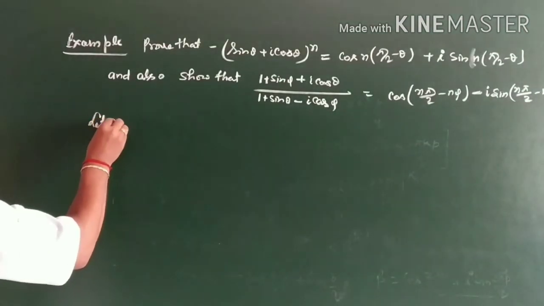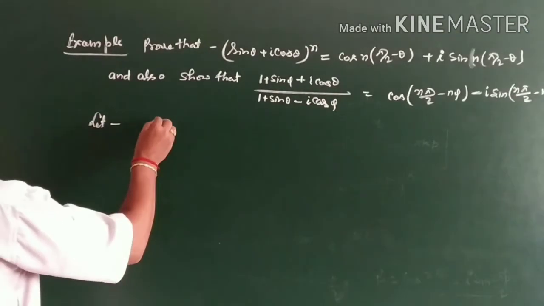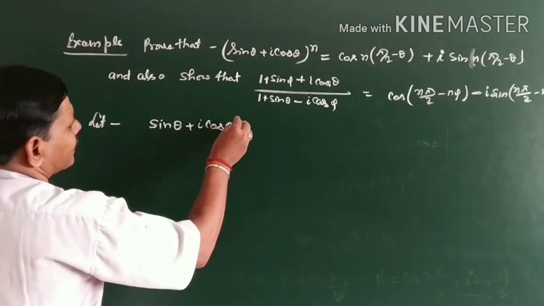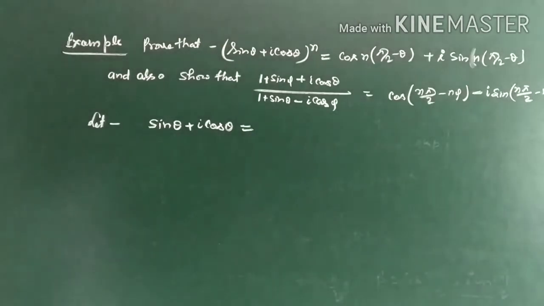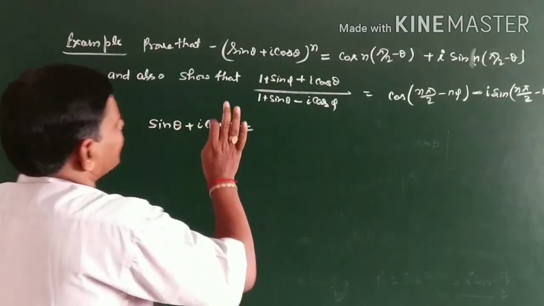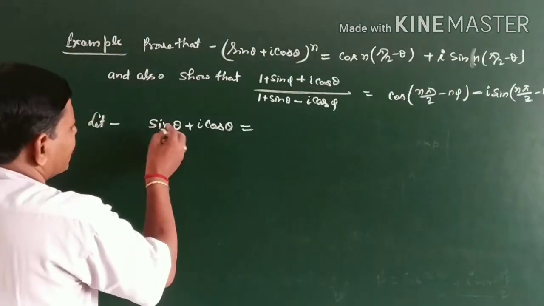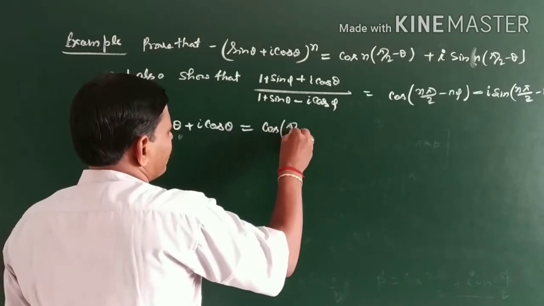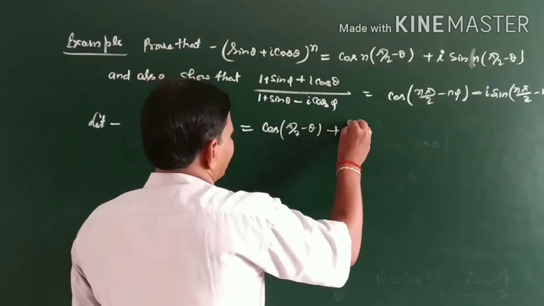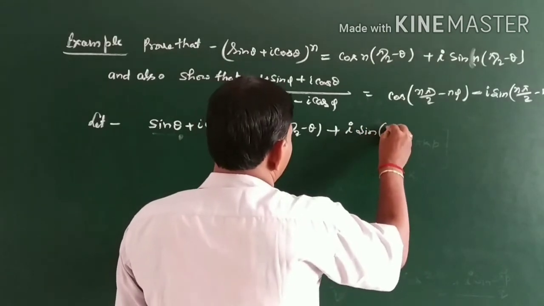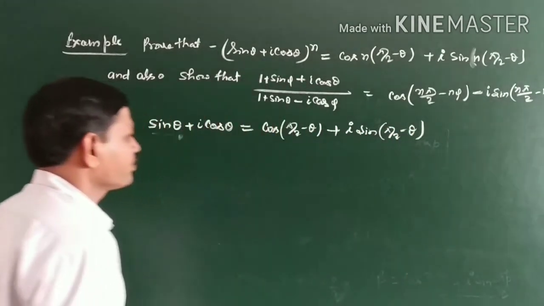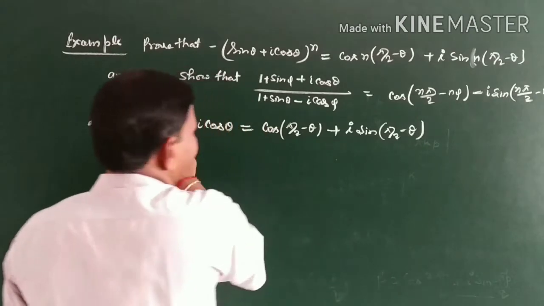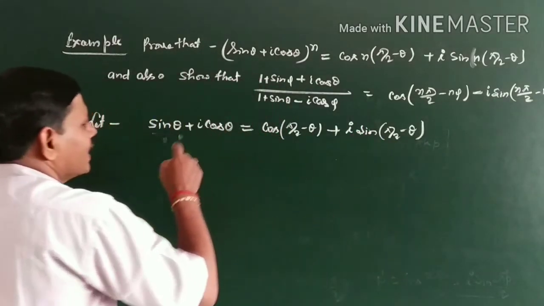Let sin theta plus I cos theta. The formula is cos theta plus I sin theta, but here it is sin theta plus I cos theta, so it equals cos (pi by 2 minus theta) plus I sin (pi by 2 minus theta), because cos (90 minus theta) is equal to sin theta and sin (90 minus theta) is equal to cos theta.